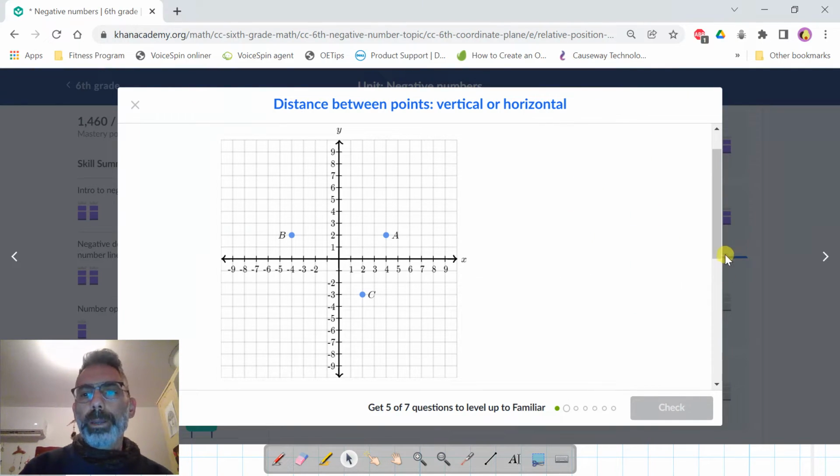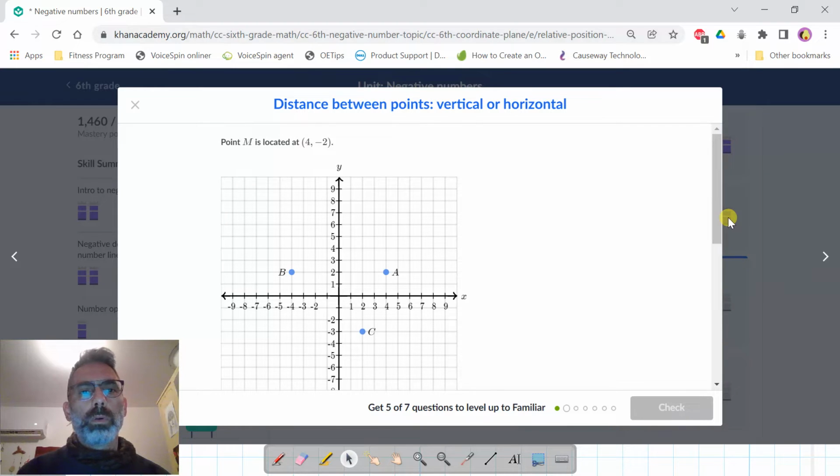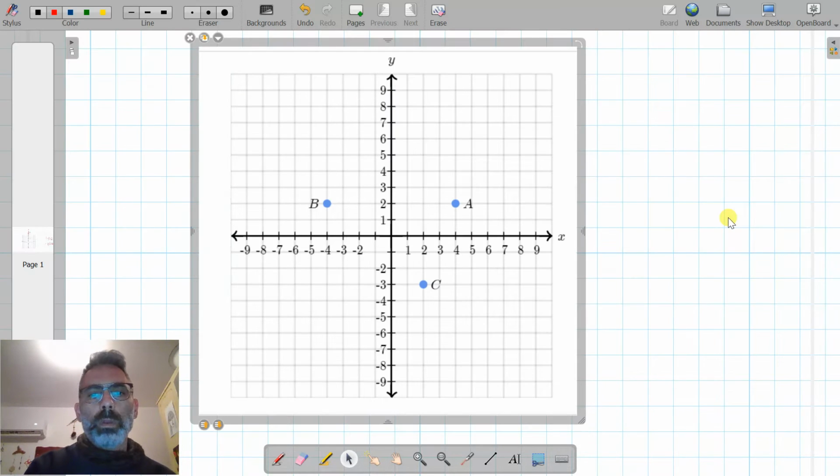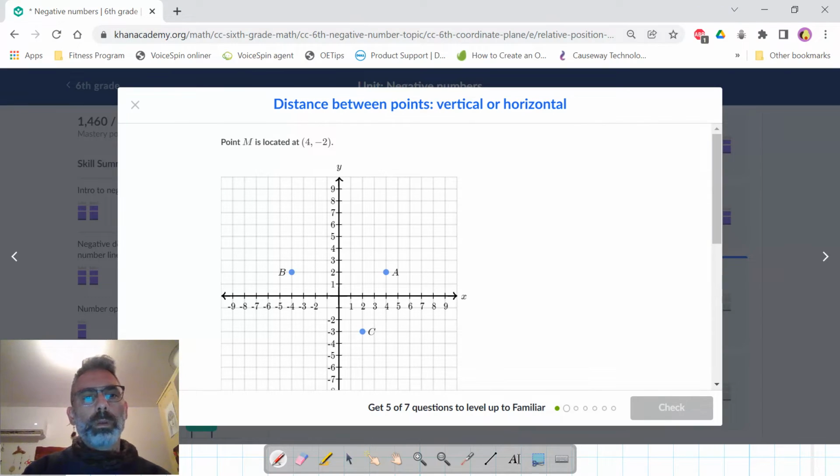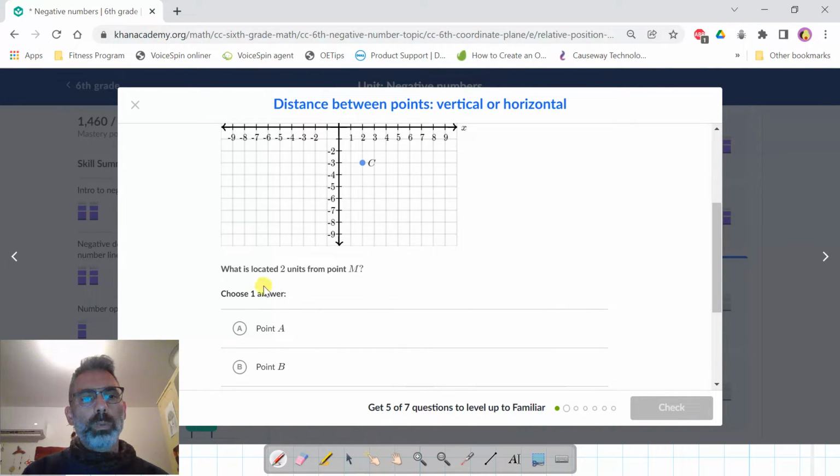Point M is located at 4, negative 2, here. This is point M. Okay. And they want to know what is located 2 units from point M.